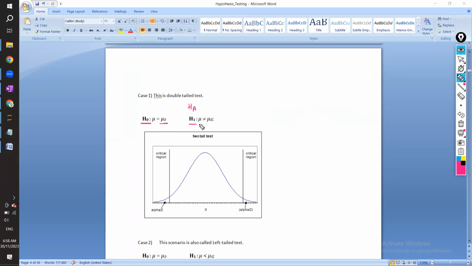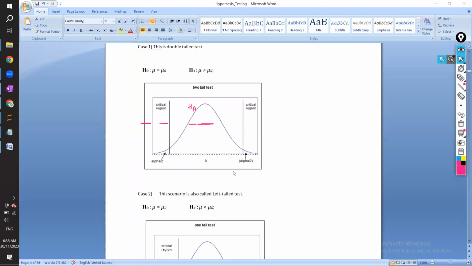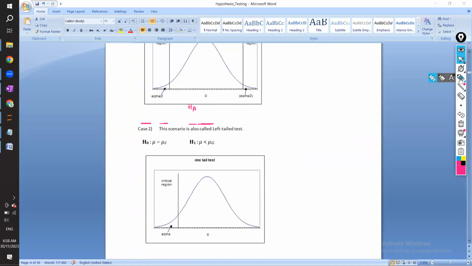If you want to do testing for a not equal scenario, first of all, see here, what you are doing is checking if the new mu, the new mean you are getting, is less than the actual population mean. That means you're just checking if the value is less than, that's all.